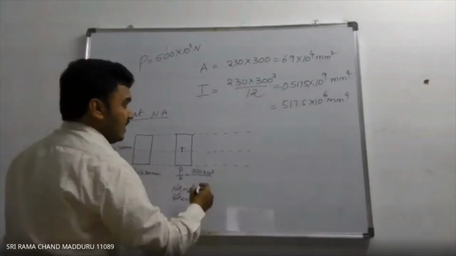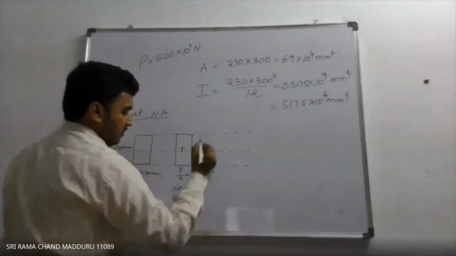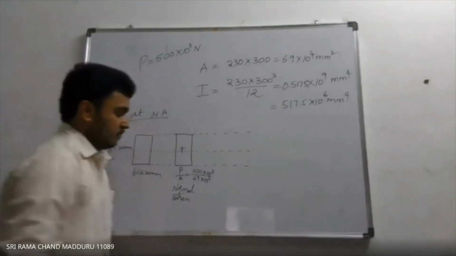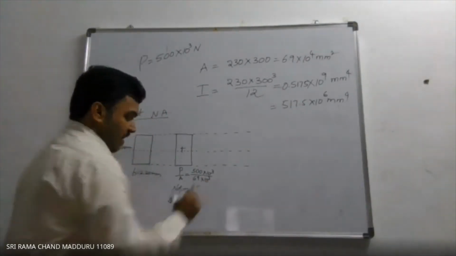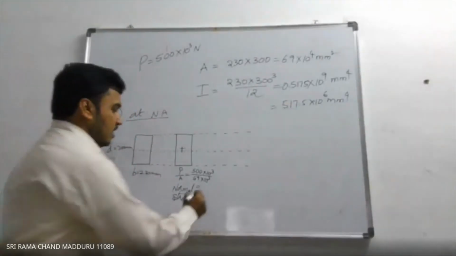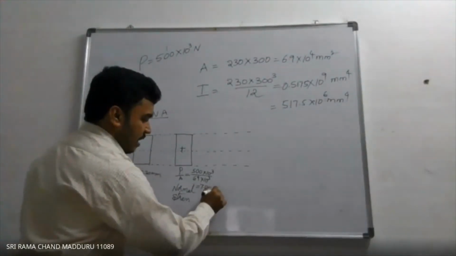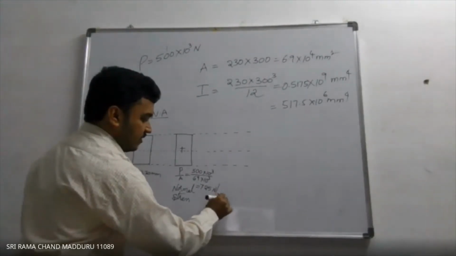As somebody said, instead of 6.9, write it as 69 into 10 cube. That is also convenient. So what is this value? Plus P by A, normal stress. 7.24, 7.25. So write it down, 7.246. I am writing it as 7.25.